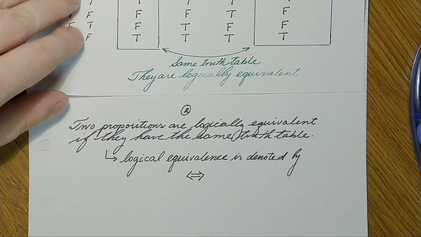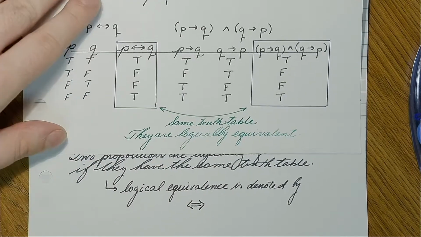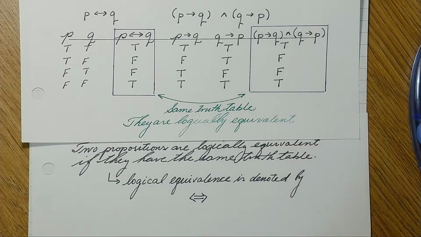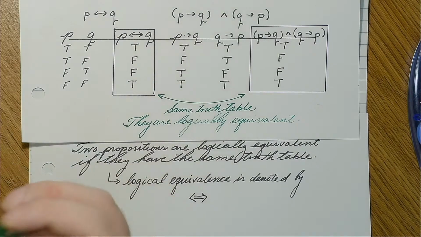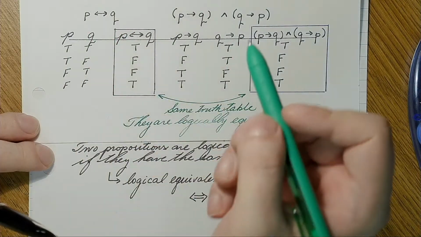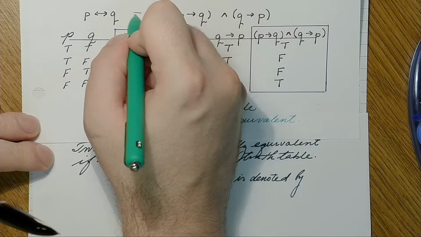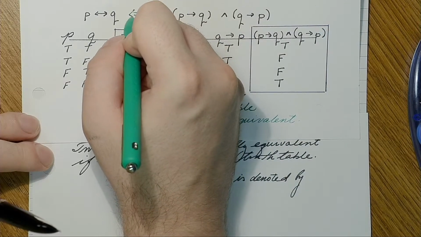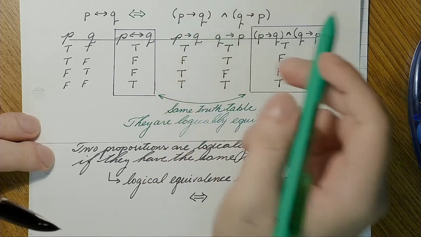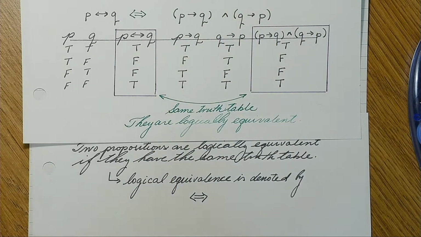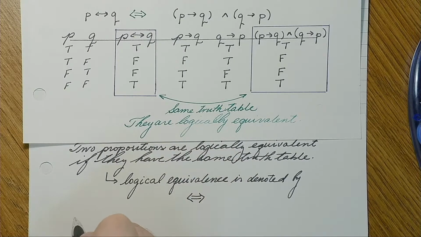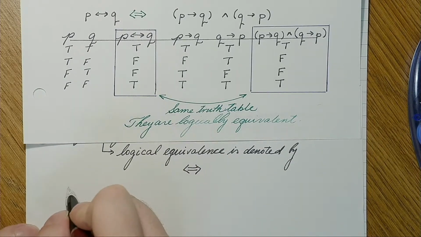So going back to here, what I can then say is that P if and only if Q is logically equivalent to P implies Q and Q implies P. So I'll just write that.